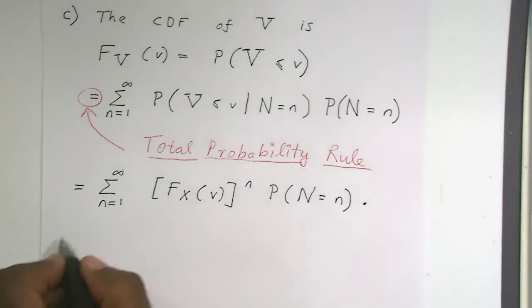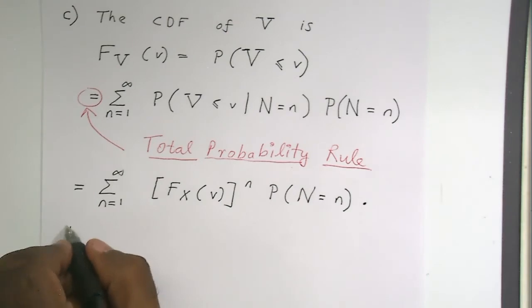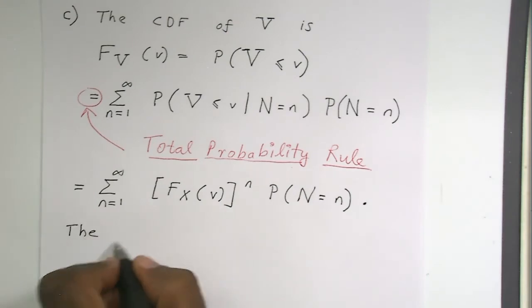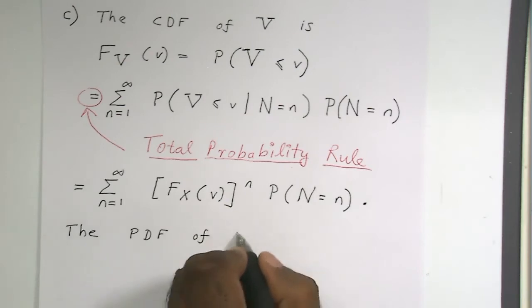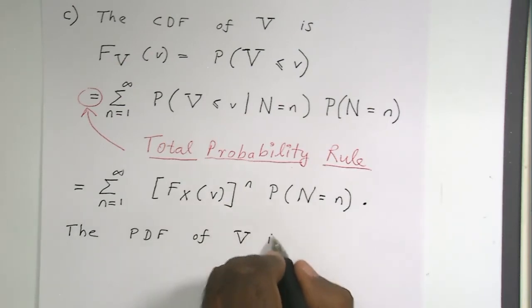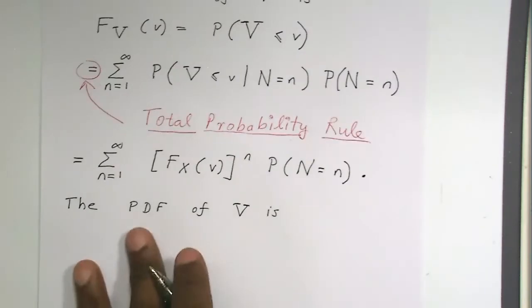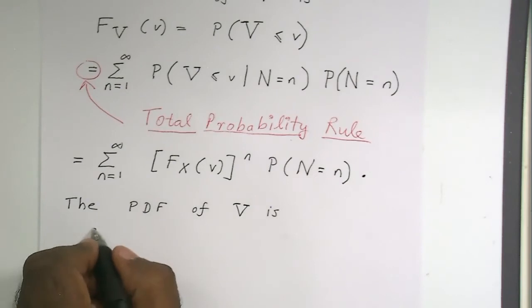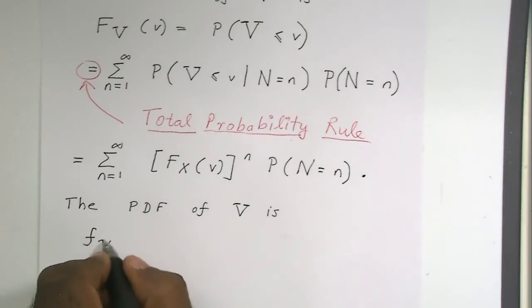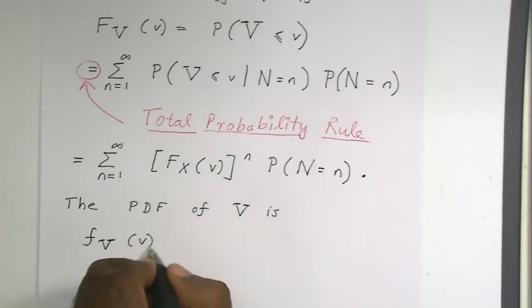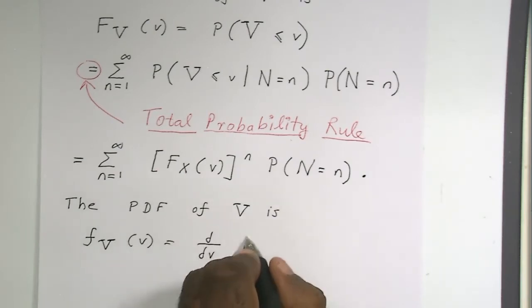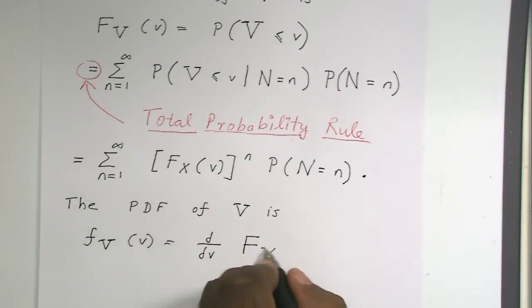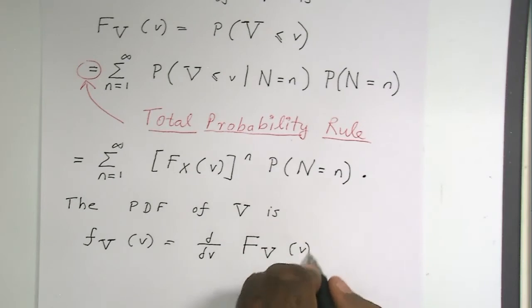So this is the CDF of V. Now the PDF of V is this.